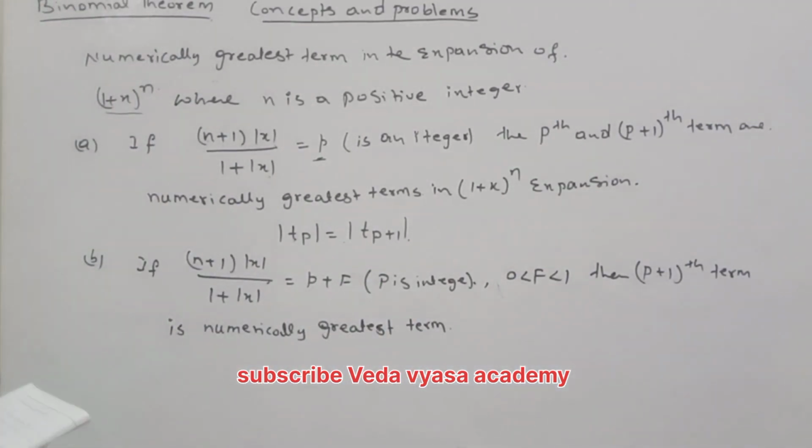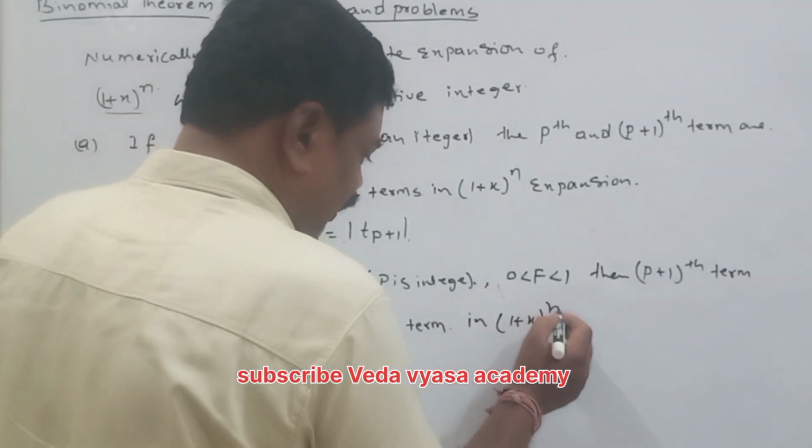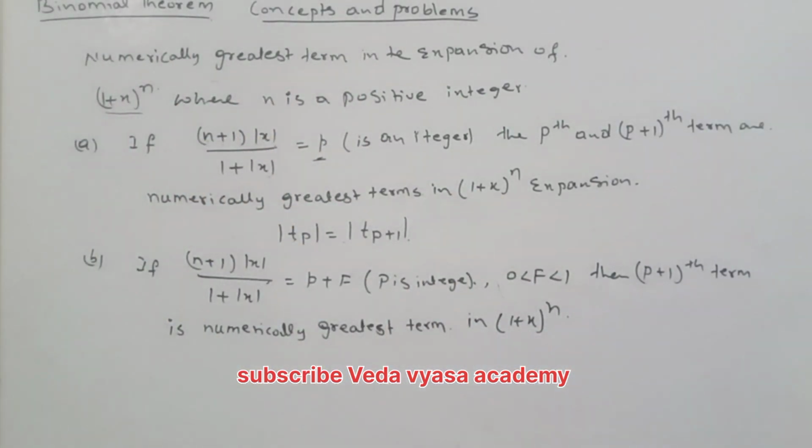So, numerically greatest term in the expansion of (1 plus x) whole power n. Here two conditions are there. If (n plus 1) mod x by (1 plus mod x) is equal to p, an integer, the pth term and the (p plus 1)th terms are numerically greatest terms, that is modulus of tp is equal to modulus of t(p plus 1), meaning the numerically greatest terms are equal.